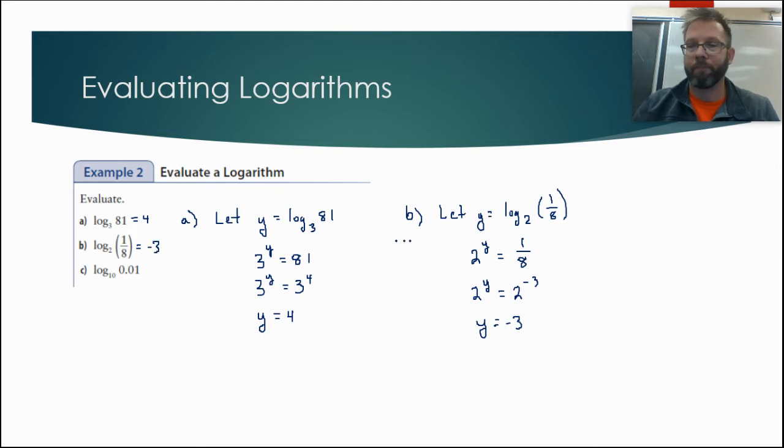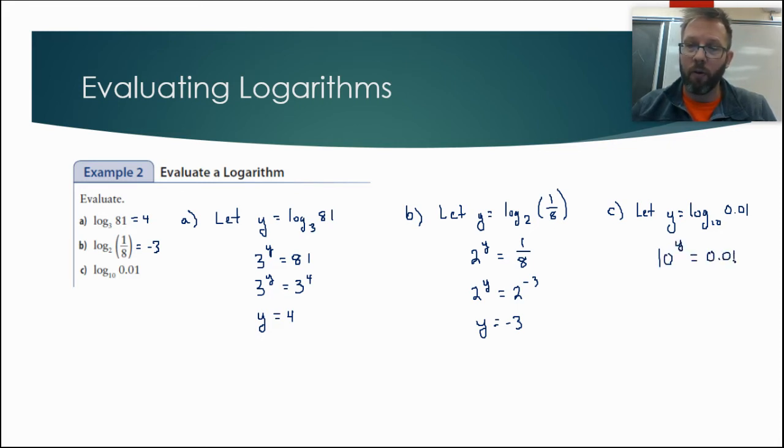We've got it. Let's squeeze in C here. 10 to what exponent gives us 0.01? So let's let y equal log base 10 of 0.01. So that's asking 10 to what exponent gives you 0.01.